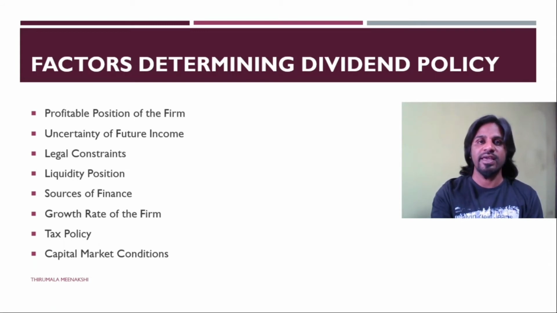If capital is easily available in the market, the company will not depend on earned profits, but on the capital market for its capital requirements. All these factors determine the dividend policy to some extent. All these factors play a major role in determining the dividend policy of the company.